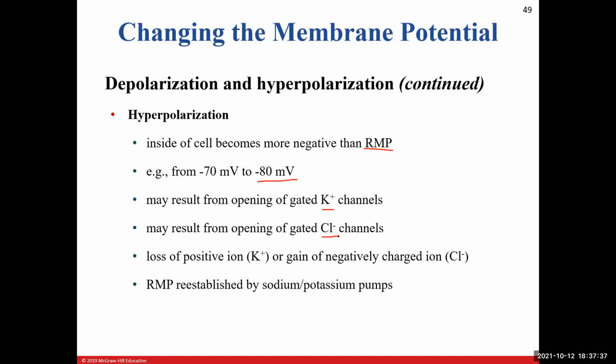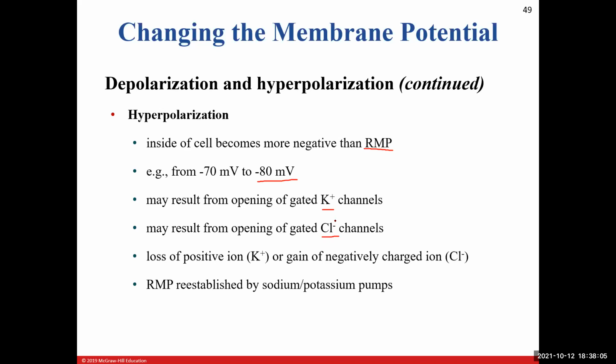So what will happen is we're repolarizing the cell, potassium is leaving the cell. Sometimes those gates don't close right on track. They don't close at -70. They might close at -72, -74. It doesn't get it perfect every time. You also might see the opening of our chloride gated channels, and chloride is in higher amount outside the cell, and it's going to try to rush into the cell.